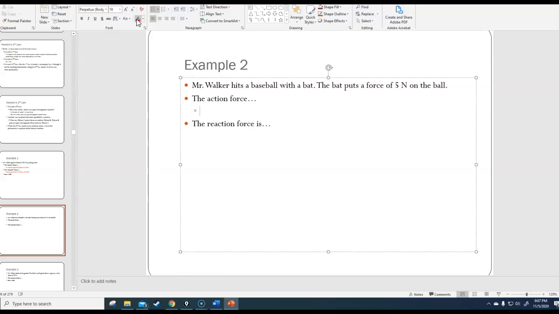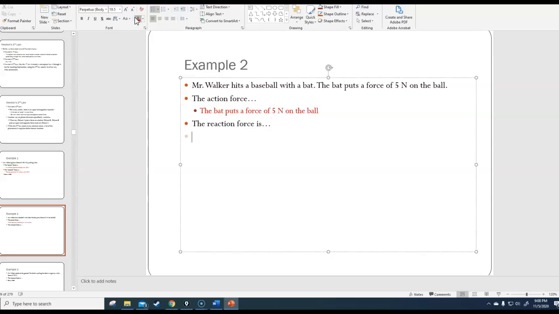Because remember, anytime you're talking about Newton's third law, you're talking about an action and a reaction that only occur between two specific objects. So in this case, the two objects are the bat and the ball. The action force is that the bat puts a force of 5 newtons on the ball.